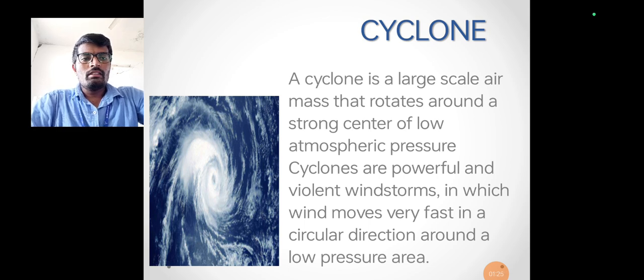These cyclones are very large scale masses rotating around a low atmospheric pressure. For example, we take the oceans or seas. We clearly observe that a large amount of water is evaporated in the form of water vapor due to the warm air.